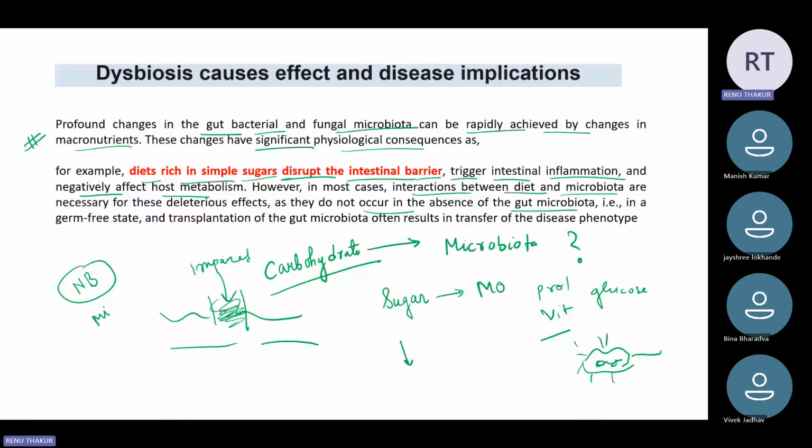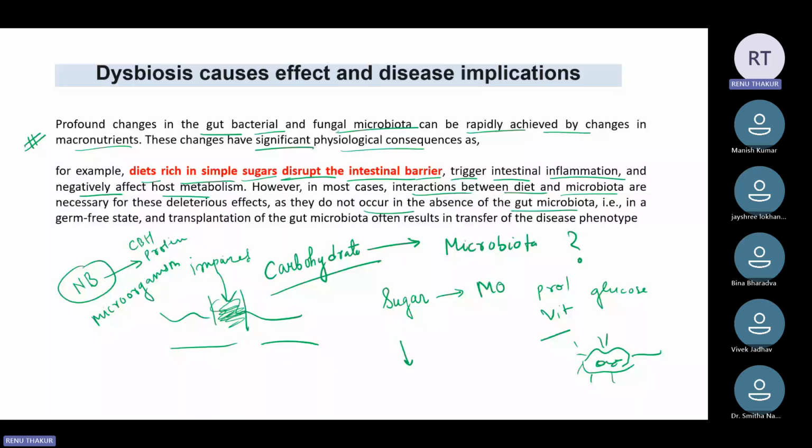In the nutrient broth medium we provide a carbohydrate source, we provide a protein source, we provide NaCl to maintain the osmotic balance, we provide beef extract and peptone. So all these things are rich in carbohydrate and protein, and a balance is there. So if a balance is there, microorganisms will likely grow in it.